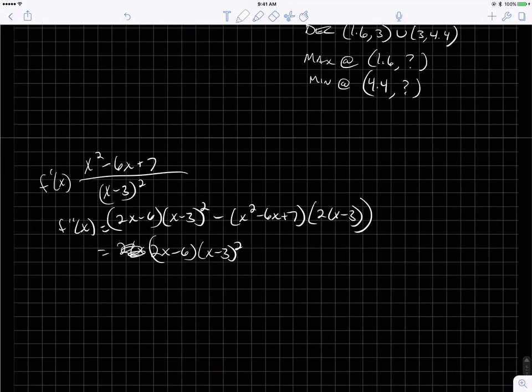I'm going to bring that 2 to the front. I'm going to common factor out an x minus 3. Oh, wait a second. I can call this 2 times x minus 3 if I factor a 2 out of that. Then it's times x minus 3 squared, right? So what I'm going to do is just call that x minus 3 cubed.